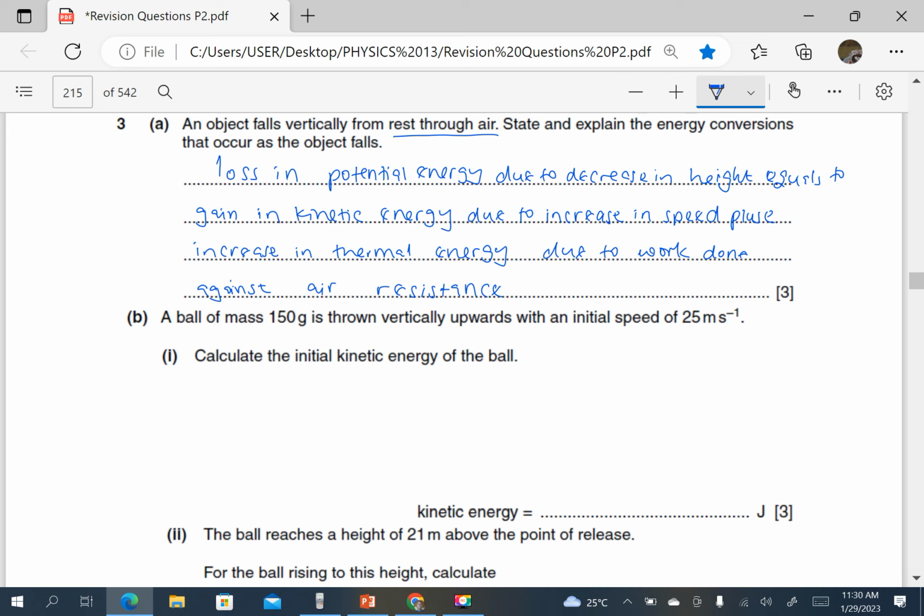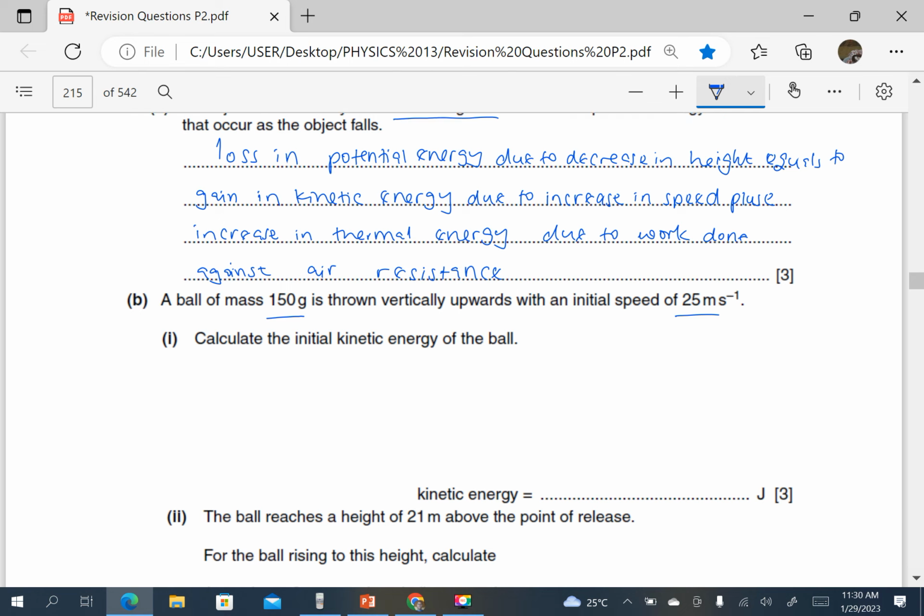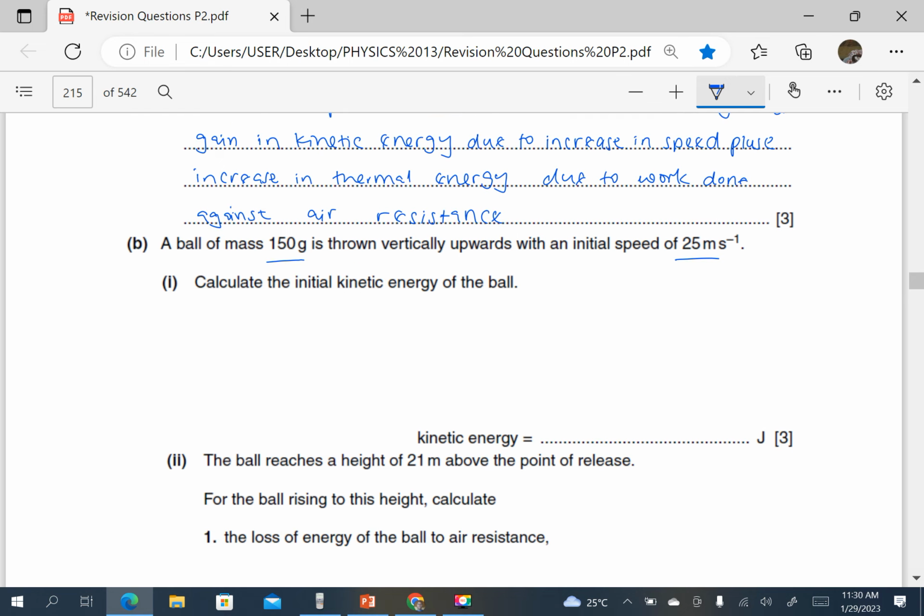A ball of mass 150 grams is thrown vertically upwards with an initial speed of 25 meters per second. Calculate the initial kinetic energy. So kinetic energy is equal to a half mv squared, which is a half times the mass, 150 grams is 0.150 kilograms, times the speed, 25 squared.